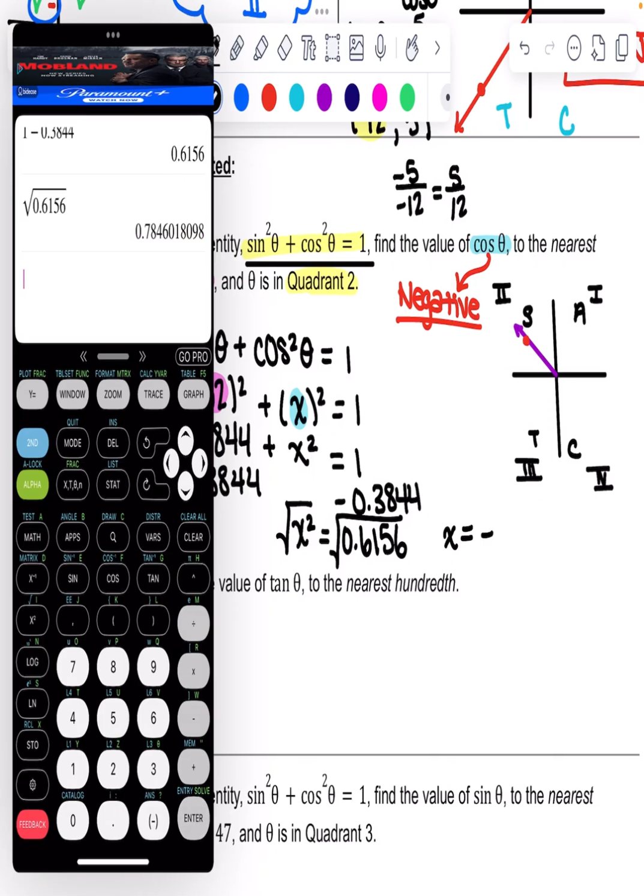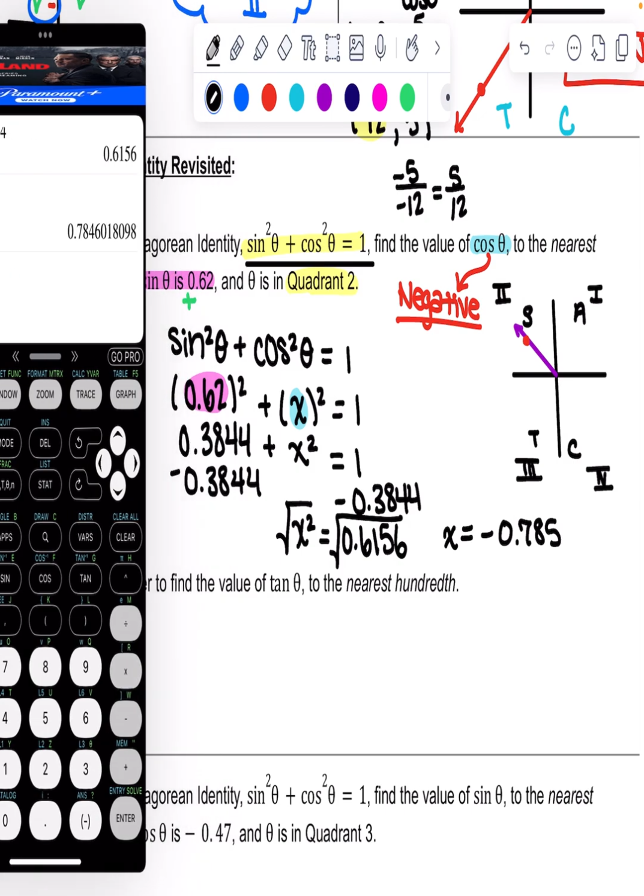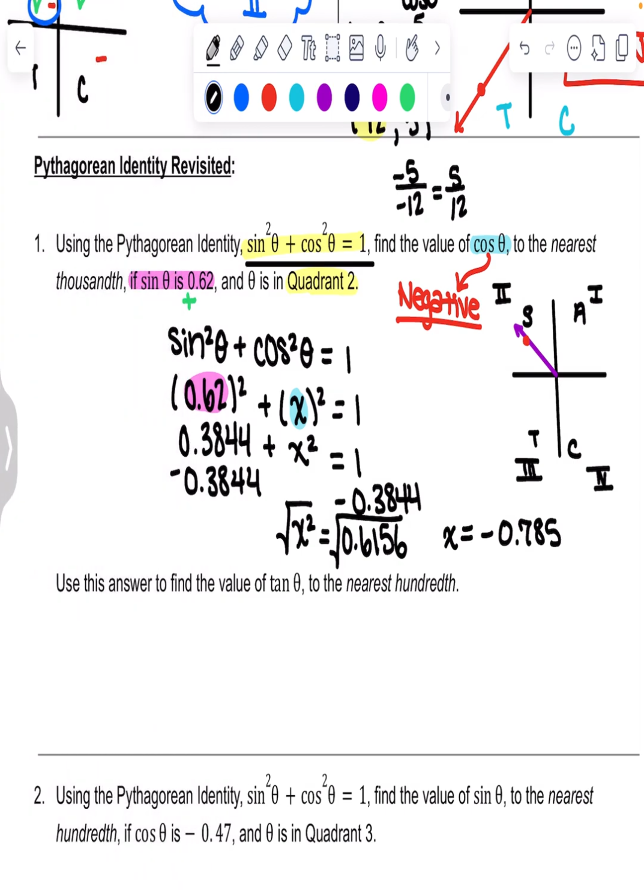X equals negative 0.785. So I'm rounding to the nearest thousandth. That's 3 decimal places. And I look to the decimal place next to it, which is a 6, which means round up. So that gets us negative 0.785. So I had my cosine of theta, negative 0.785.